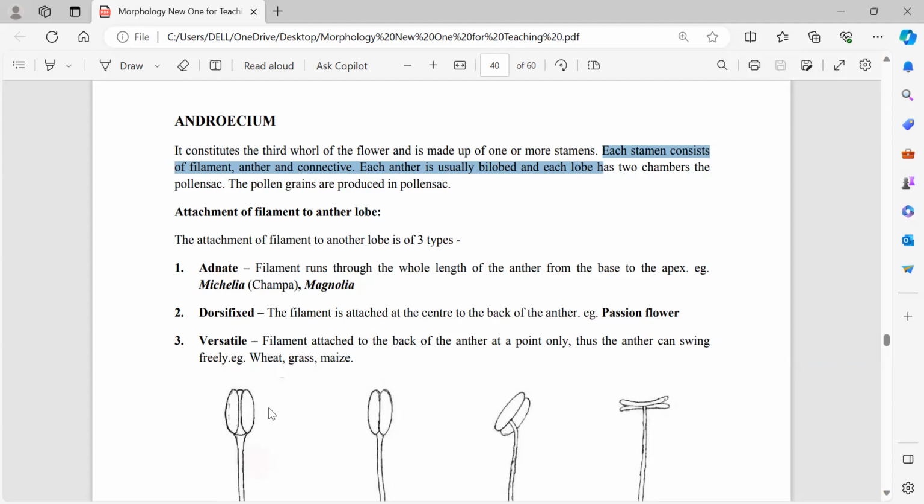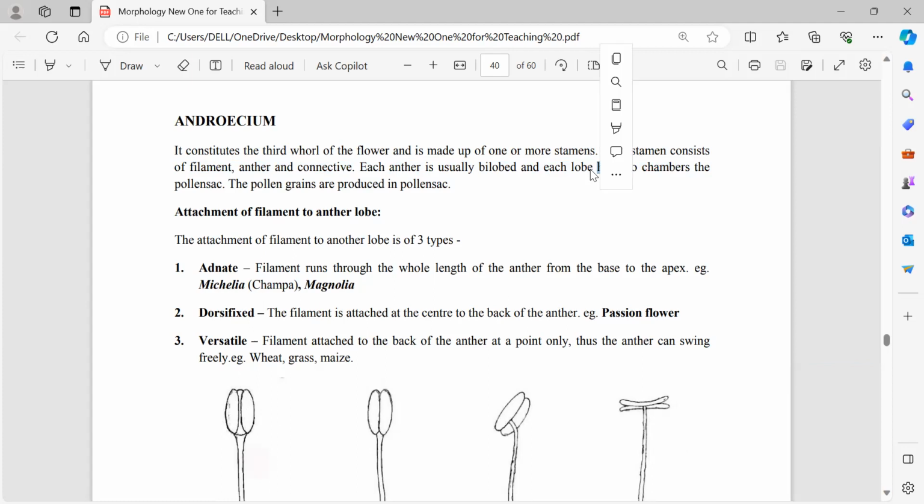When we take a section of it, two lobes become visible, and each lobe contains two chambers, called pollen sacs or pollen chambers.